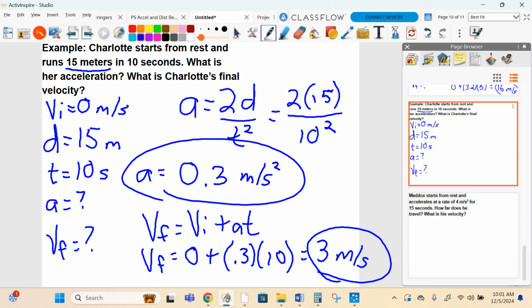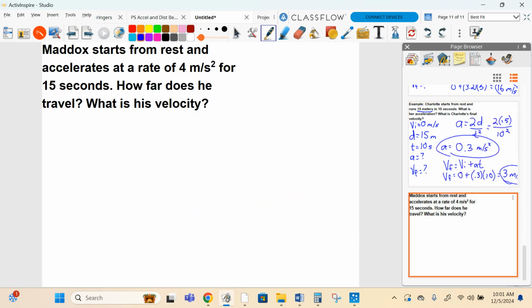Okay. And our last example from this section of our notes. Maddox starts from rest. VI is 0 meters per second. Accelerates at a rate of 4 meters per second squared. Meters per second squared, that is an acceleration.